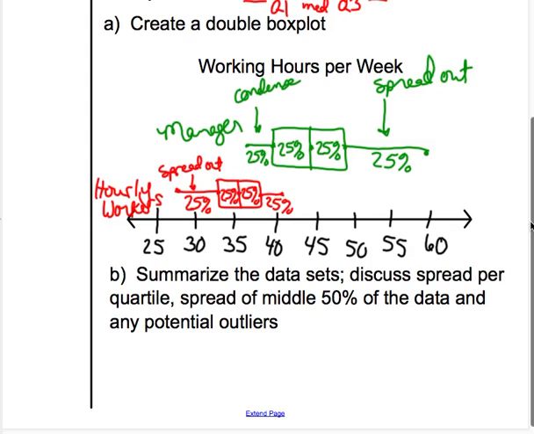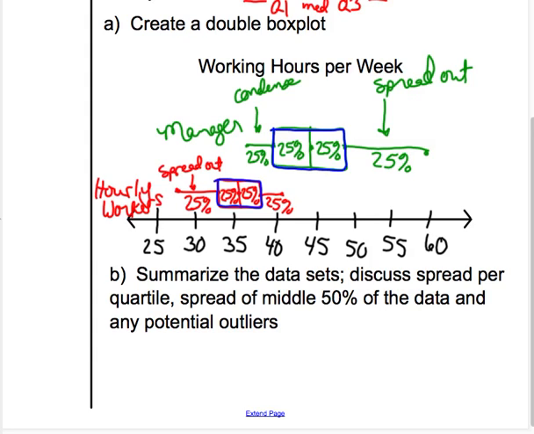Next is the spread of the middle 50% of the data. So that's what's in the boxes. Now for both of our box plots, the middle 50% of the data, and just as a reminder what I'm talking about here, that would be the box for each data set. Those boxes are about the same.